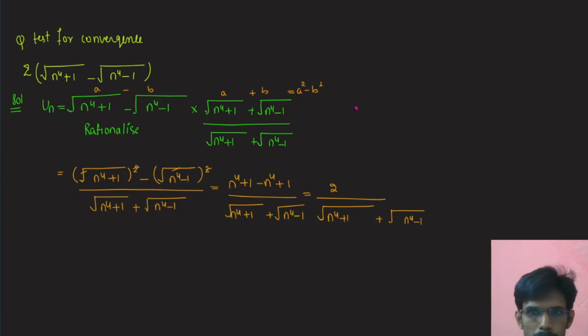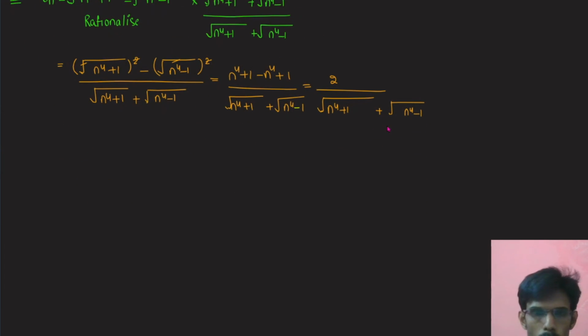Now take n power 4 common. We can write this n power 4 plus 1 whole power of 1 by 2 plus n power 4 minus 1 whole power of 1 by 2.